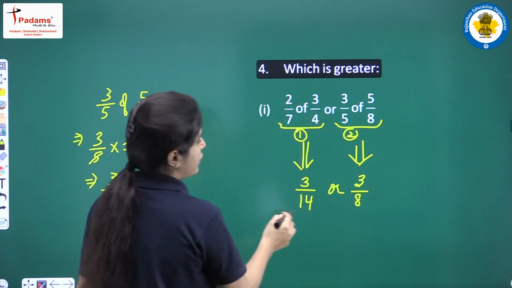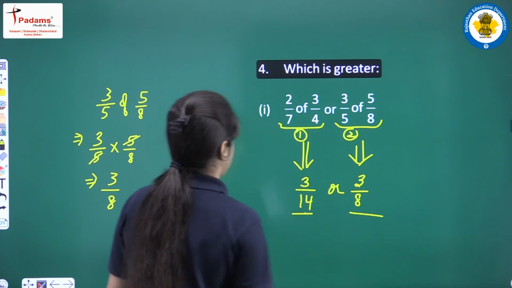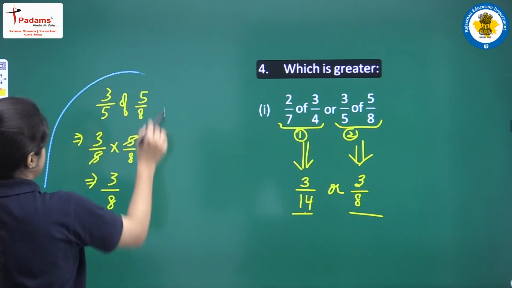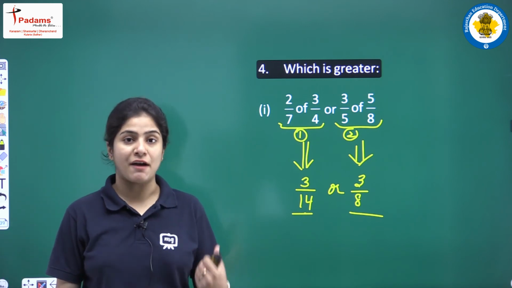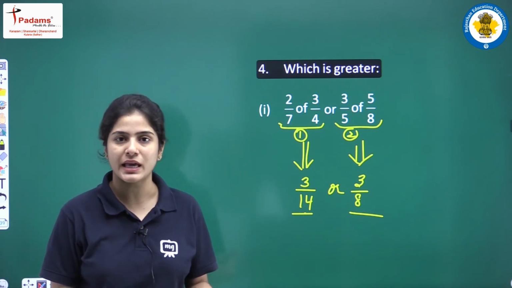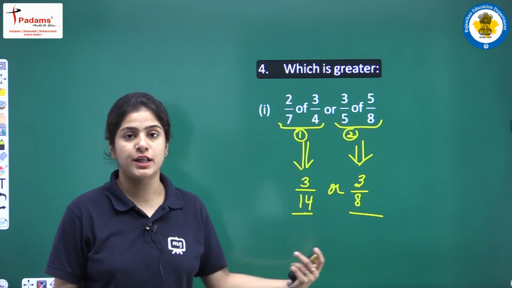Now, we have to find which is greater, this one or that one, okay students. Clearly the denominators of both these fractions are not the same. So, firstly we have to make them like fractions by taking the LCM of their denominators.